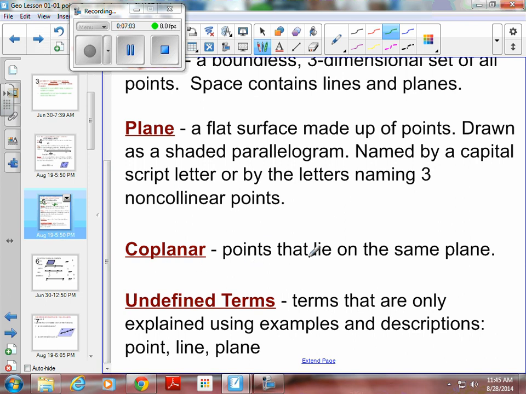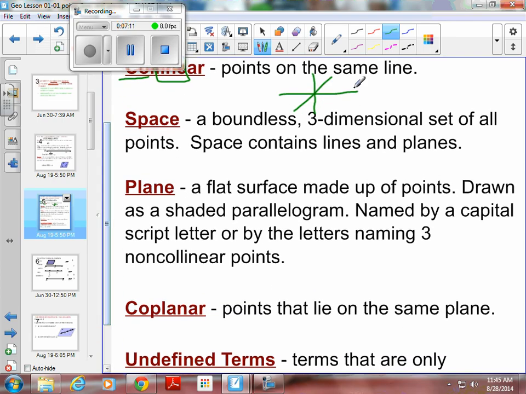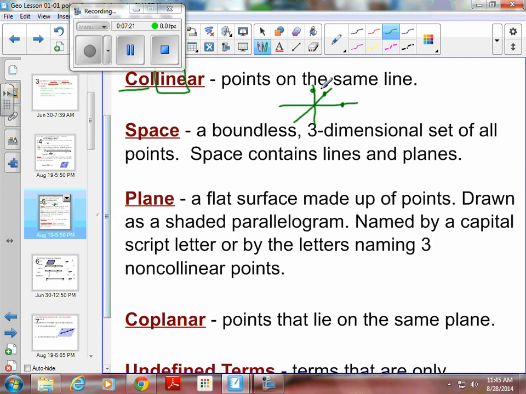Coplanar. 3 points, points that are on the same plane are considered to be coplanar. So if I had a point on this axis, a point on this axis, and a point on this axis, they would still be coplanar because 3 points make up a plane. I can use a line tool.